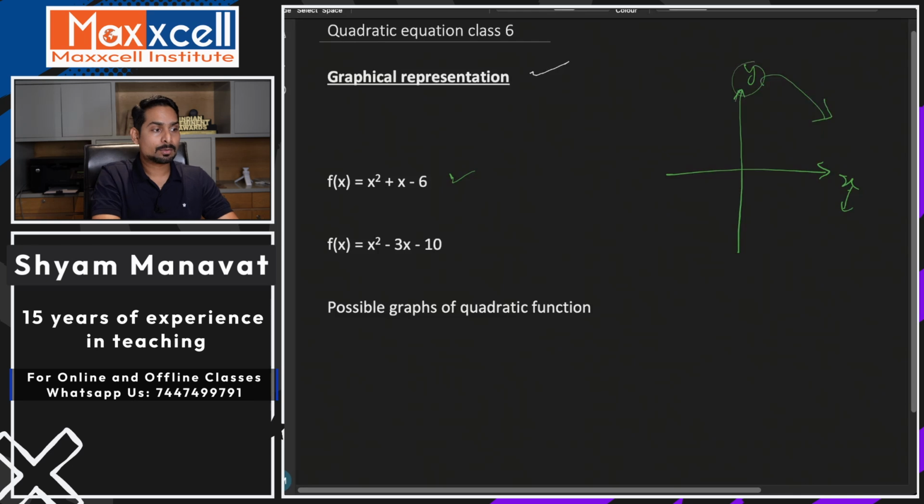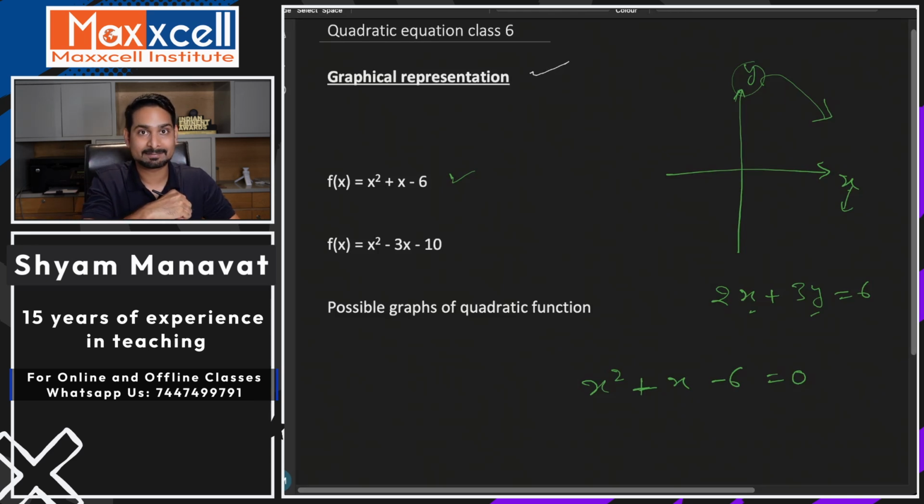So that time we used some linear equation to draw the graph, where we had two variables. When you look at the quadratic equation, let's say x square plus x minus 6 equals 0, you do not have a second variable. So how will you plot the quadratic equation graph on the xy plane?